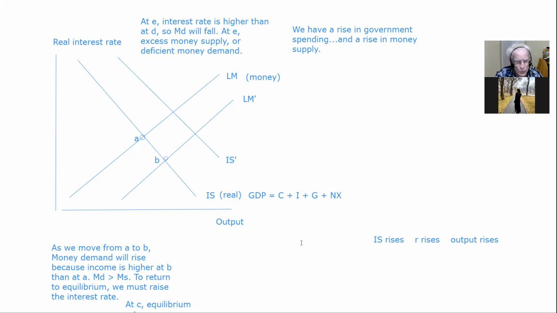From A to B, good. So down here in this diagram, the impact of that one shift, only the shift of LM, is that the interest rate will fall and output will rise.